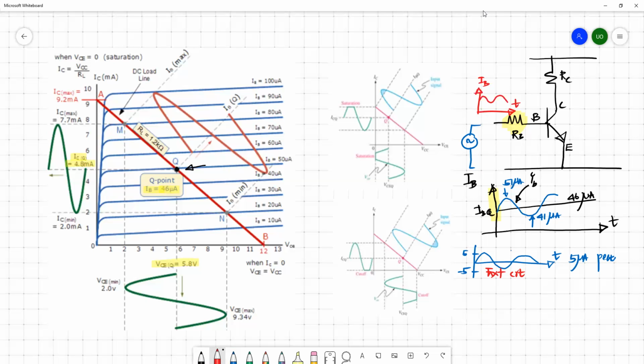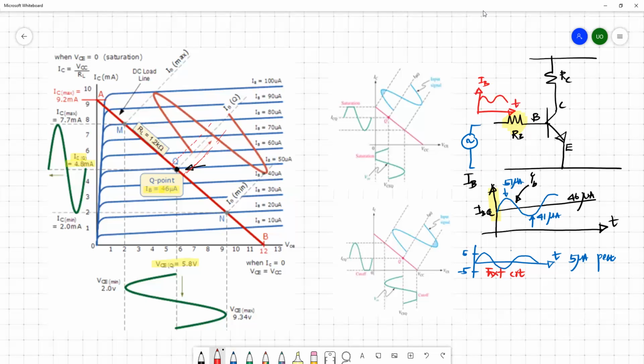This is 46, this is 51, and this is 41. This is the corresponding base current for 51, and this is the corresponding base current for 41 micro.